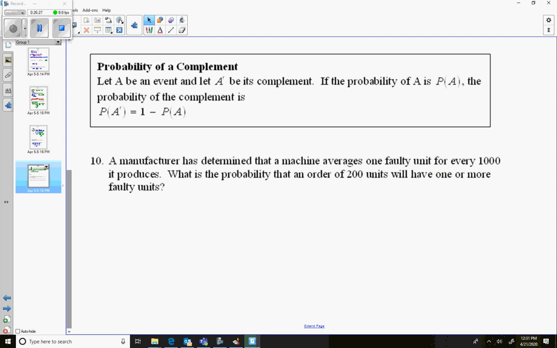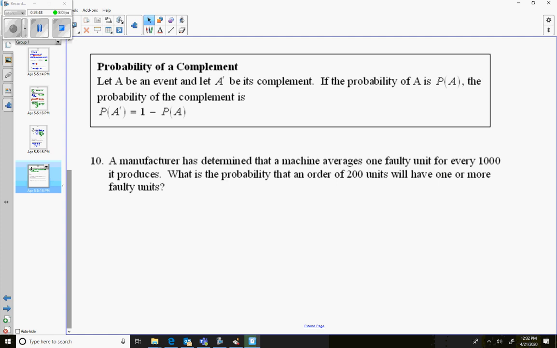A manufacturer has determined that a machine averages 1 faulty unit for every 1,000 it produces. What is the probability that an order of 200 units will have 1 or more faulty units?